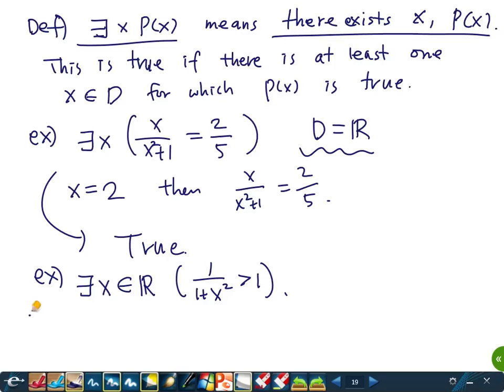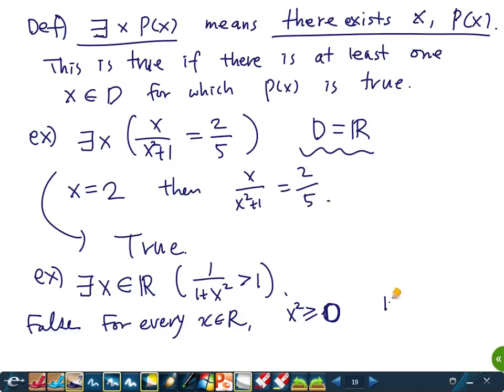Actually, this is false, because for every x, this is not true. For every real number, we know that x squared is greater than or equal to 0. The square of every real number is at least 0. So 1 plus x squared is greater than or equal to 1. Because both are positive, you flip the numerator and denominator, and you get this.